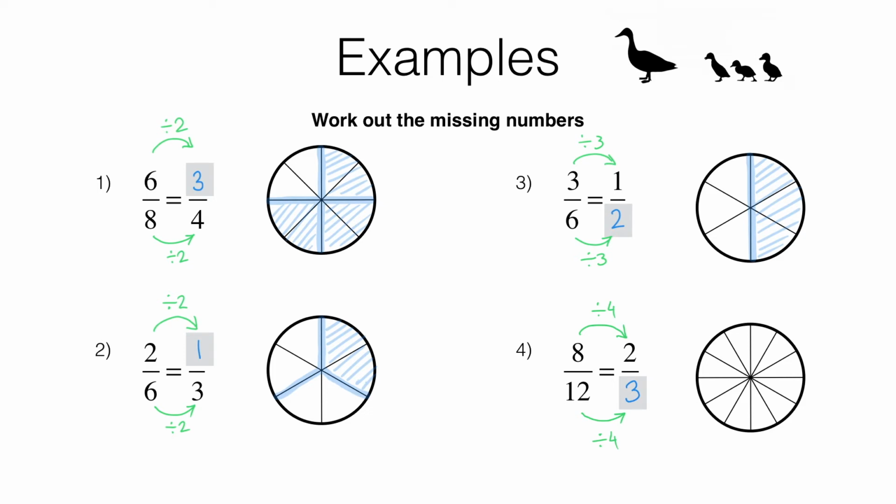Let's see that on a diagram. 8/12 means that we need to shade in 8 of those little slices. There we go, we've shaded in 8 slices, so that's 8/12, which hopefully you can see is equivalent to 2/3.